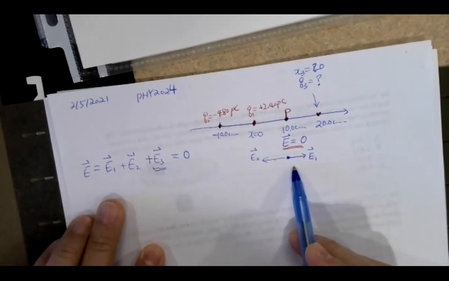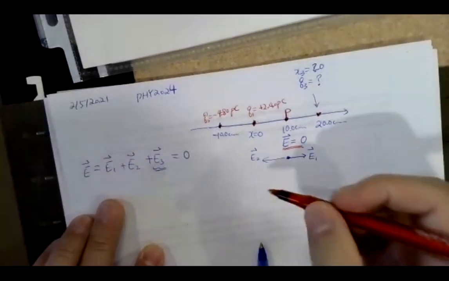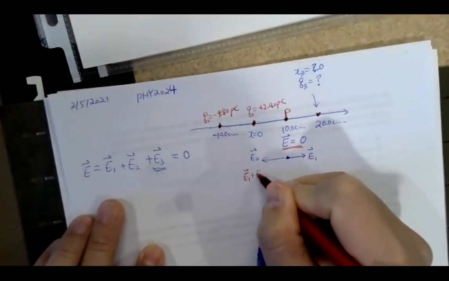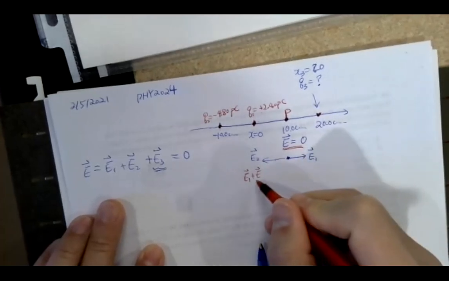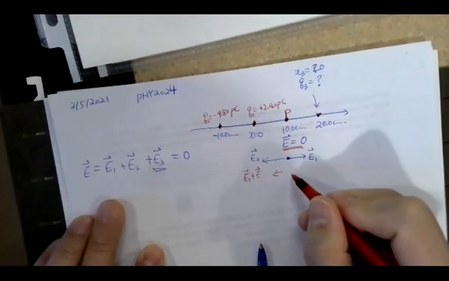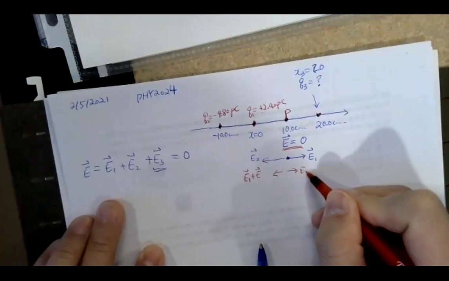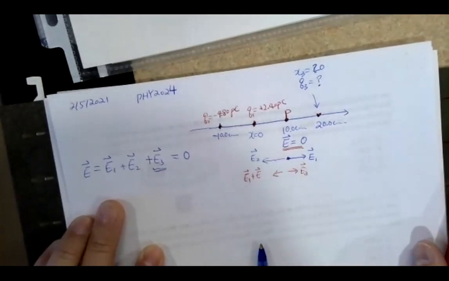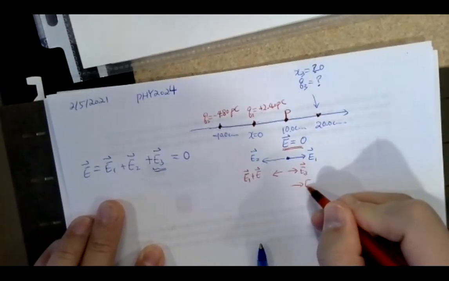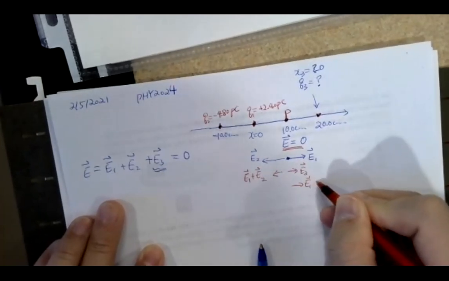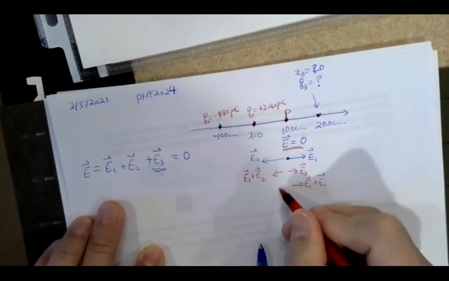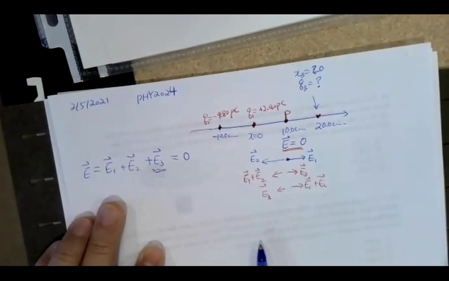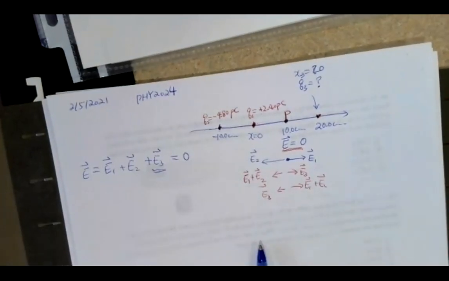So if E1 plus E2 is in this direction, then E3 has to be in that direction, right? The other way around, if E1 plus E2 is in this direction, then E3 will be in that direction, okay? So that the total field should be equal to 0. So like two scenarios here.